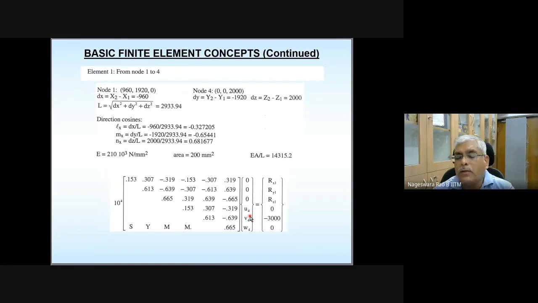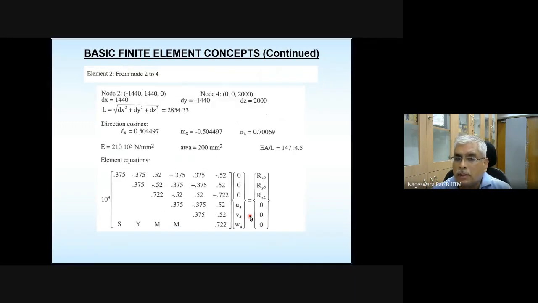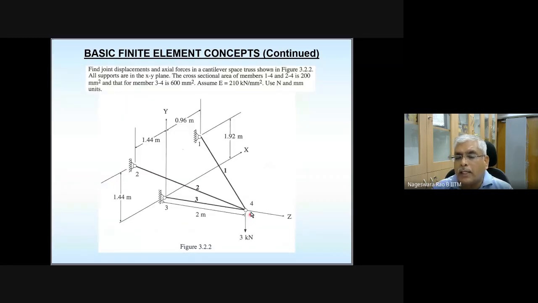It's very difficult to write all that using pen and paper, a 12 by 12 equation system. And finally, only 1 node is free here. So if you can intelligently write that reduced equation system: node 1, all degrees of freedom are 0.